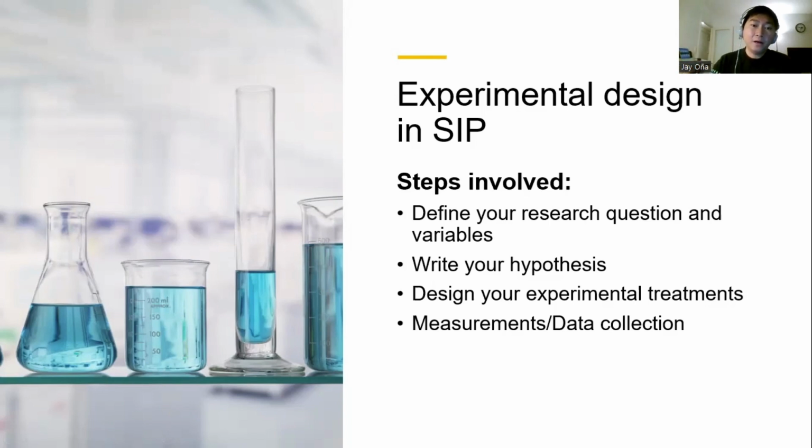So let's say our hypothesis for that example would be if there is significant effect of the content of these powdered eggshells on the plant growth of this certain plant, this mung bean plant. And then we design the experimental treatments, and then after that we take the data or measure our samples.